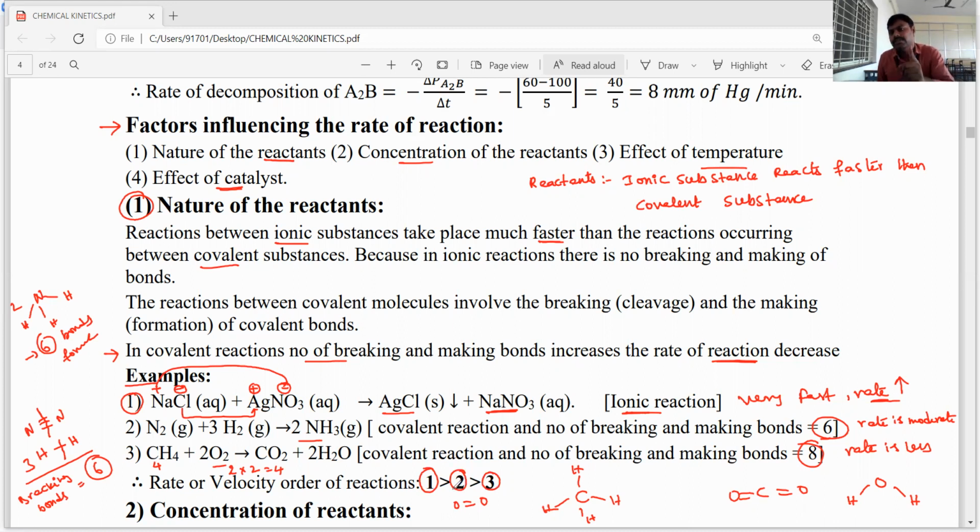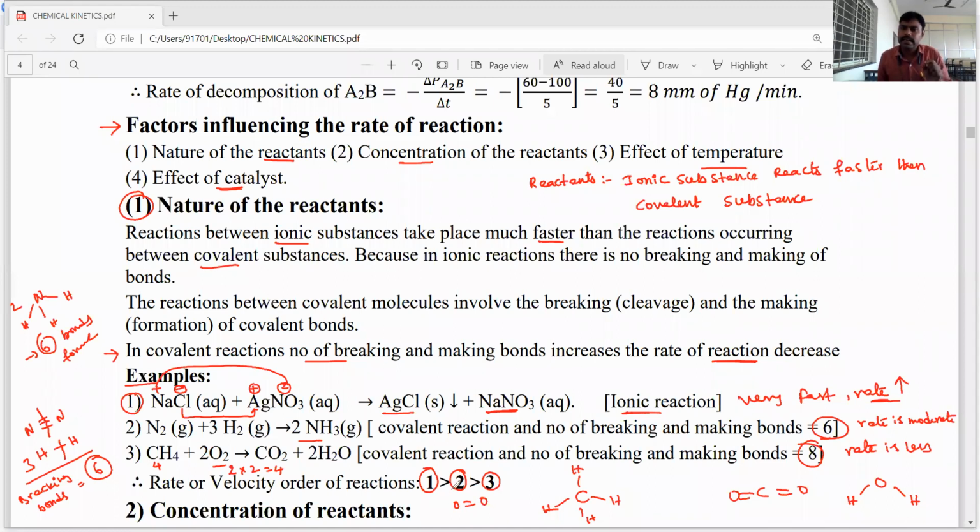Why is the first one a very fast reaction with a very high rate? Because it is an ionic reaction. The second and third are both covalent reactions, but in the second reaction the number of breaking and making bonds is 6, and in the third it is 8. So in covalent reactions the rate is always lower than in ionic reactions, and as the number of breaking and making bonds increases, the rate of reaction decreases.